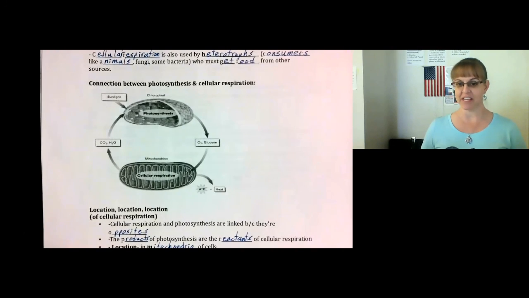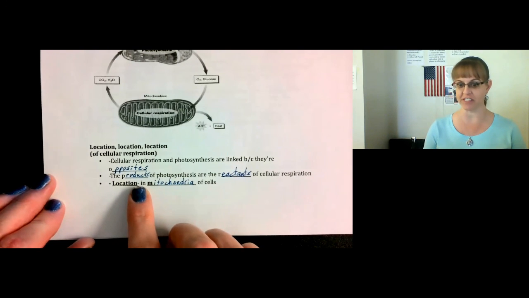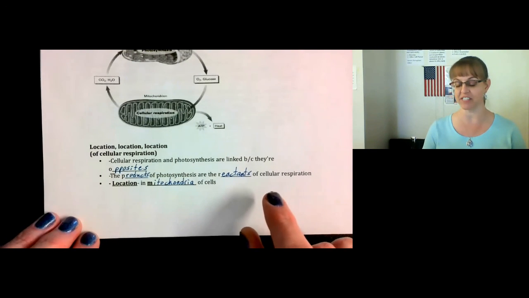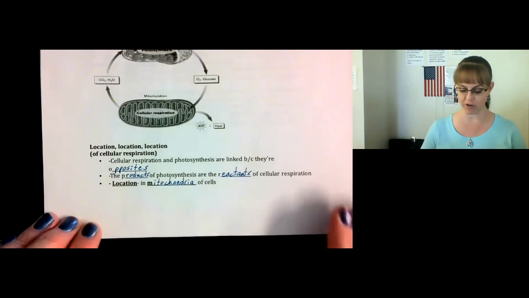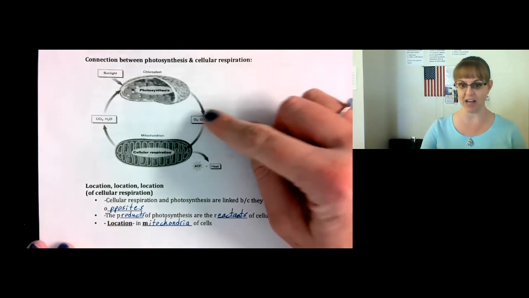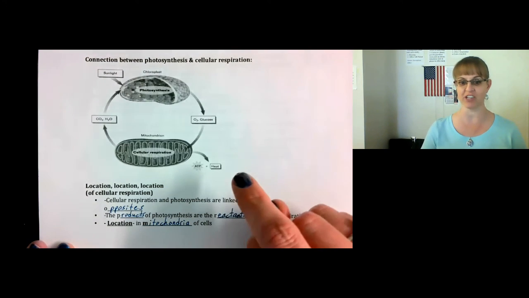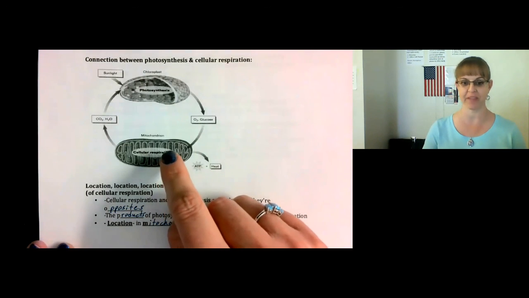The cool thing is that photosynthesis and cellular respiration are exact opposites of each other, and the products of photosynthesis are the reactants of cellular respiration, and vice versa. So photosynthesis produces oxygen and glucose, which are then used in cellular respiration, which occurs in the mitochondria.